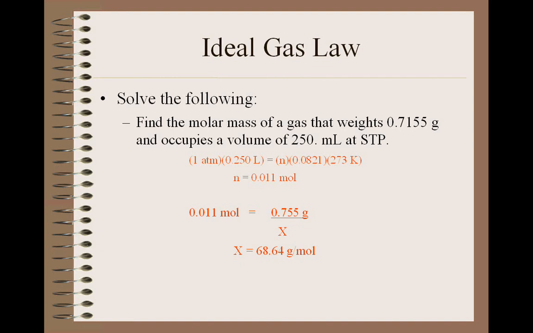So again, I solved for n, and then I plugged it into the equation that I used to solve n to begin with. So I plug in n equals the sample mass, 0.7155 grams, divided by the molar mass, which was X, and then I solved for X.